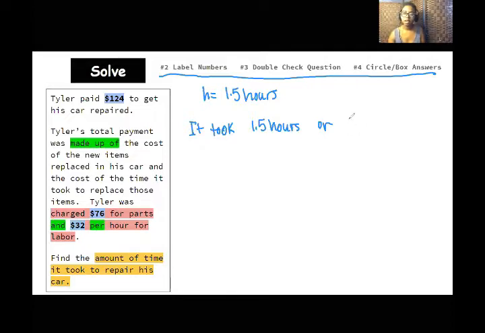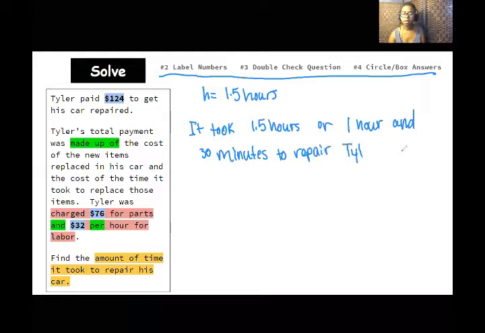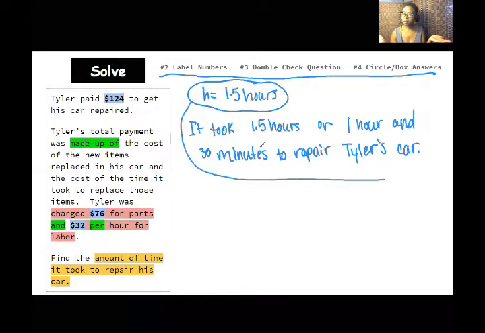So let's write, or 1 hour and 30 minutes to repair Tyler's car. Yay! And we can circle our answers. And we're done.